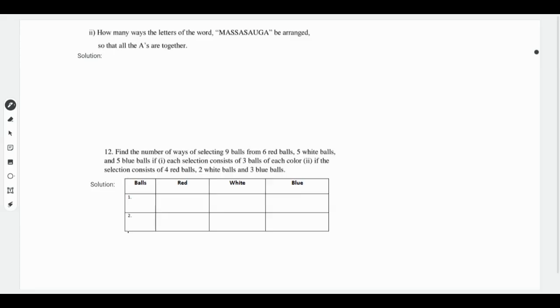The next question is, how many ways can the letters of the word MASASAGA be arranged so that all A's are together? So all A's together means, how many A's do we have? 1, 2, 3, 4. So we have 4 A's. So we write all 4 A's together.